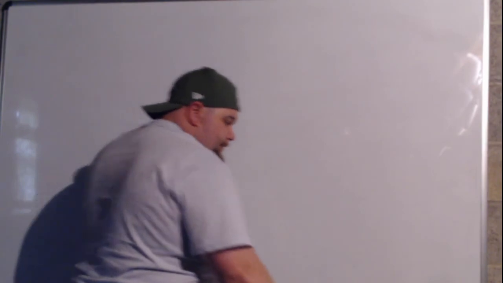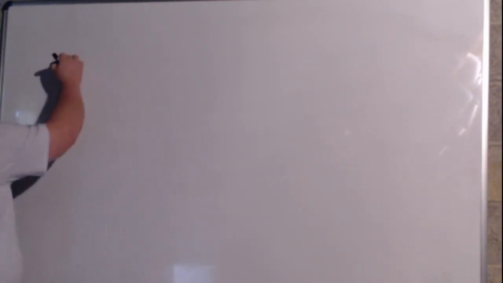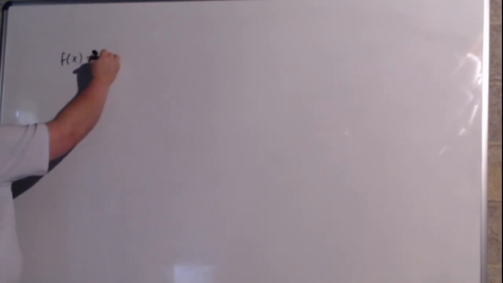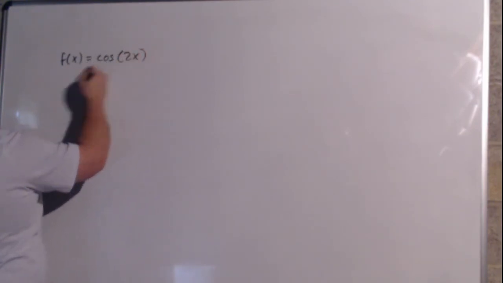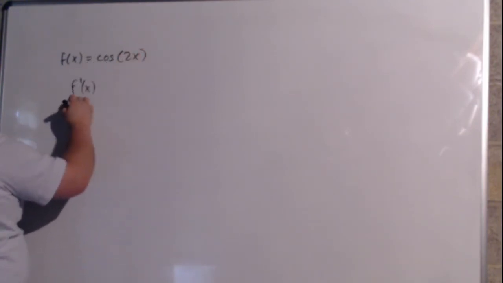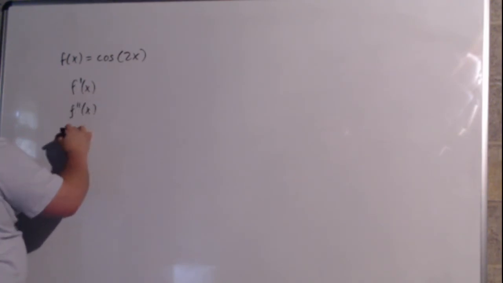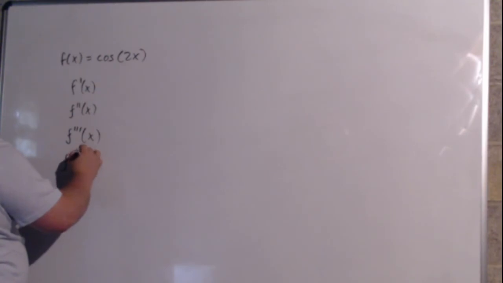All right. So f of x is cosine of 2x. We would need f prime and many of its derivatives, so double prime, triple prime. Let's go to the fourth. I think that'll be enough.